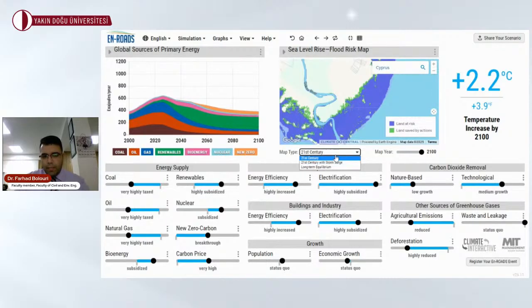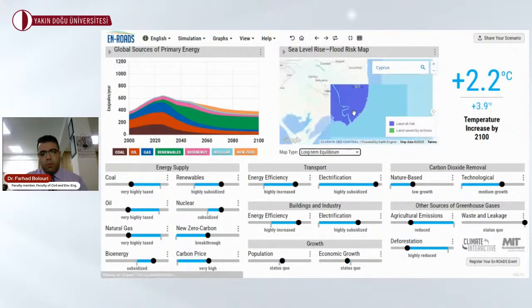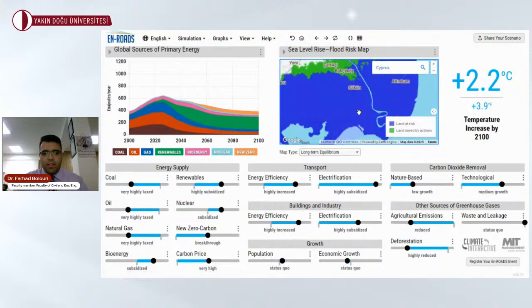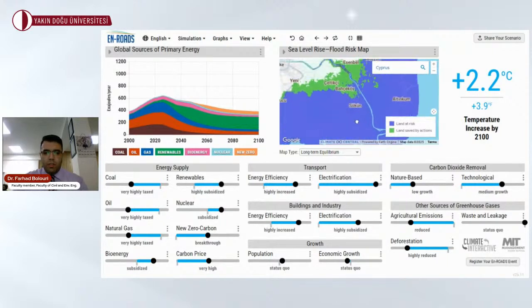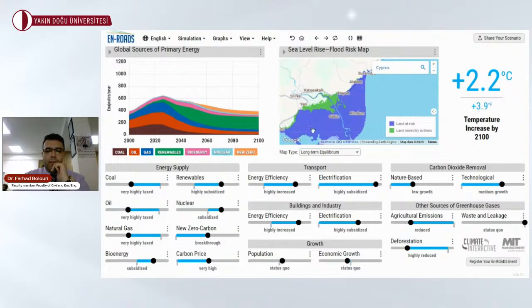From here you can change it. Yes, sea level rise. Yes, exactly, and flood risk map. Also, it is for the 21st century. If we click on the long-term option, yes, if we do it like this, some bigger areas will go like this. It is for the long term. If we don't do anything for a century, 2 centuries, for 100 years, we will have a problem like this.